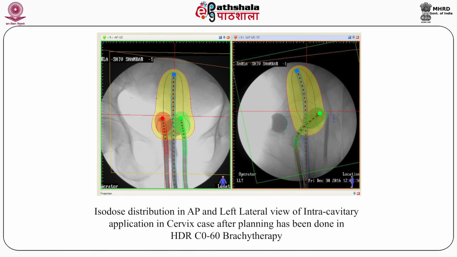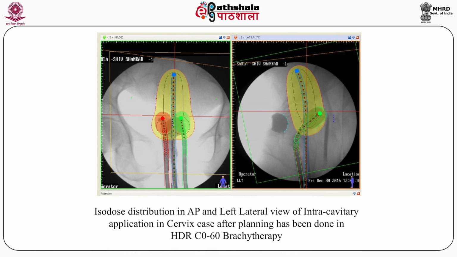We can see the image of one planning of CA cervix where 2 orthogonal X-rays with the help of C-arms are taken. We can see the applicators, stainless steel applicators, seen in the radiograph. A bladder is also visible. A radio-opaque dye is introduced in the bladder, which makes the bladder visible, and also a radio-opaque dye is placed in the vagina.